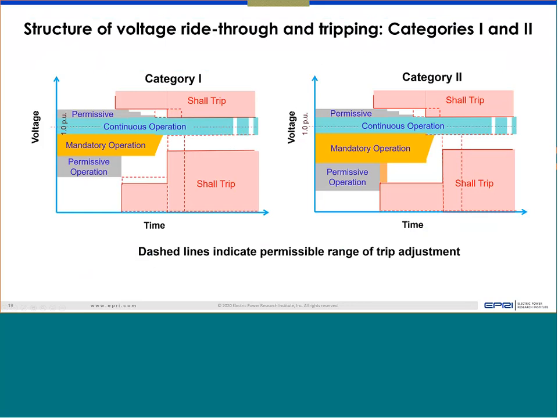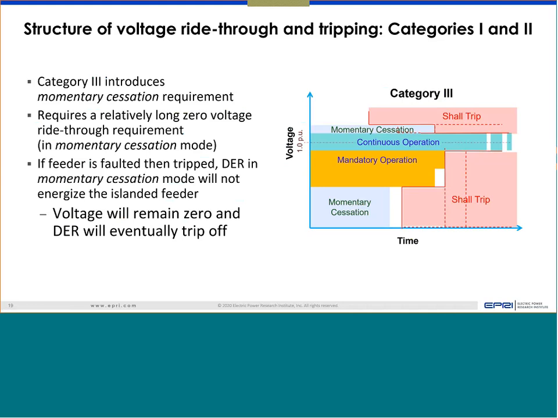This just means that category 2 has to stay connected at lower voltage for a longer period because its ride-through region is wider and deeper than category 1. So that's the main difference: the higher the category, the DER has to have more capability to ride through deeper and more severe voltage conditions.